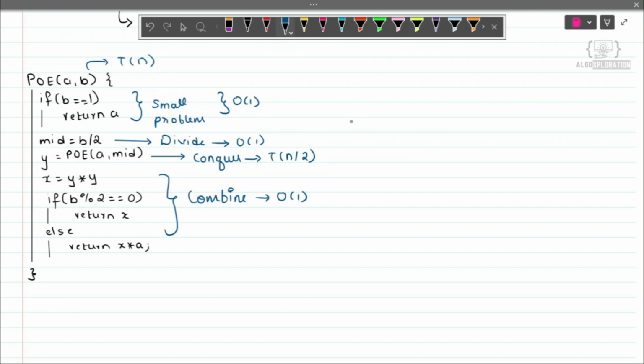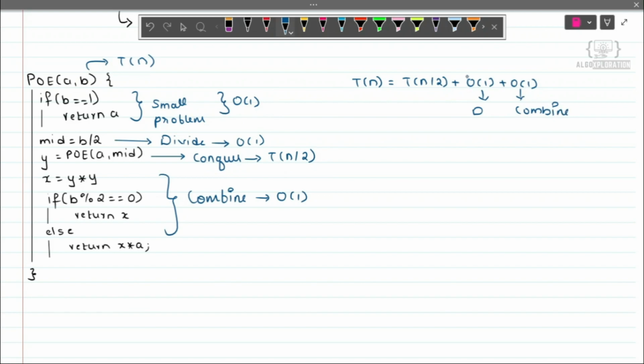Now the recurrence relation to find the time complexity of this given pseudocode will be T of n equals T of n by 2 plus order of 1 plus order of 1. This time is for divide and this time is for combine.